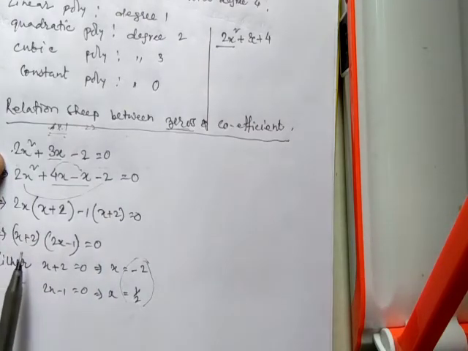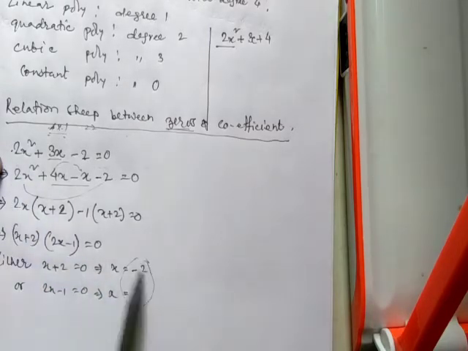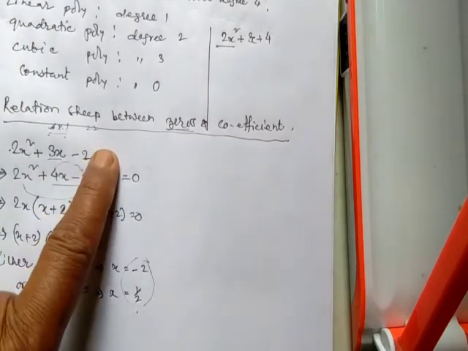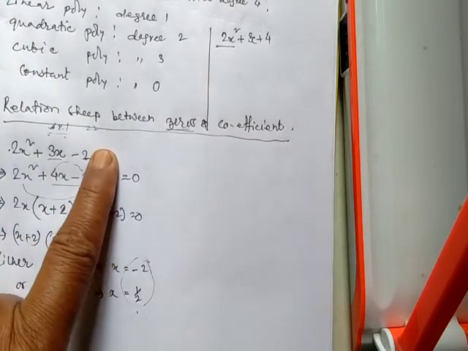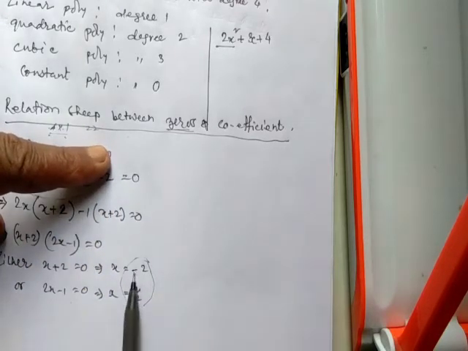Okay, these two are the roots of this. Now if I remove this equal to 0, it becomes a polynomial. Then the zeros of the polynomial are minus 2 and half.